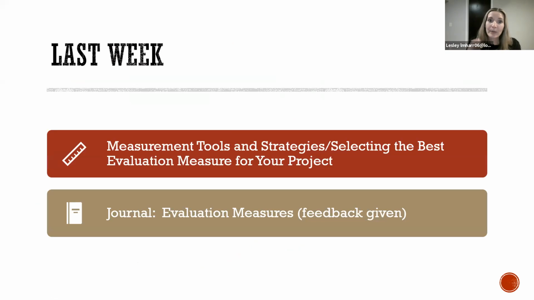So last week, just to recap, we went through measurement tools and strategies, and you were tasked with selecting the best evaluation measure for your project. Many of you have reached out to me for feedback.